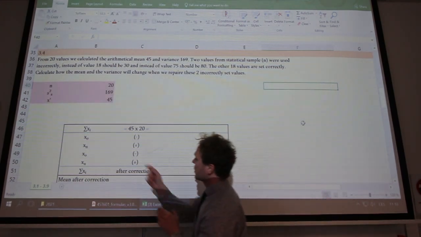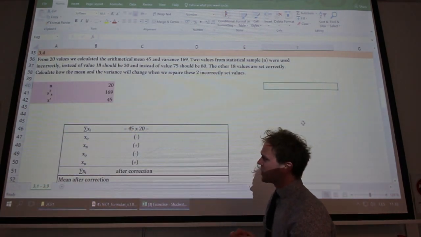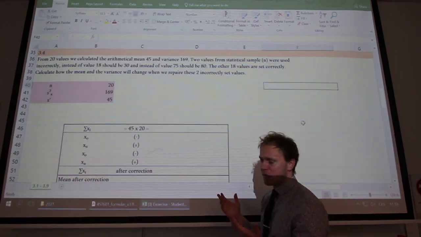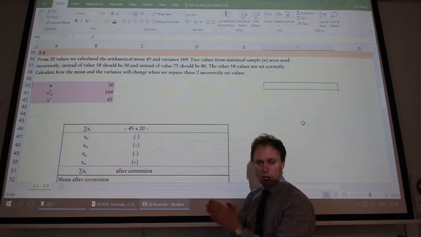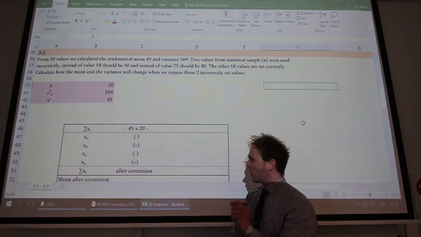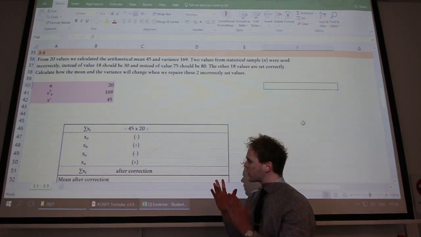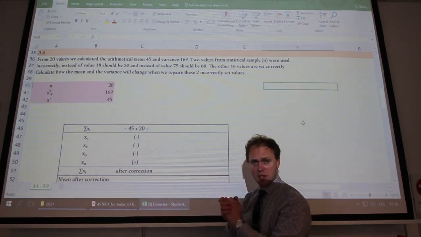So there is a table where we know the sample size, the variance and the arithmetical mean, and there you have the tables for the calculation of the correction. I will do this for you on the whiteboard because I'll have to use the formulas from your formulas sheet.